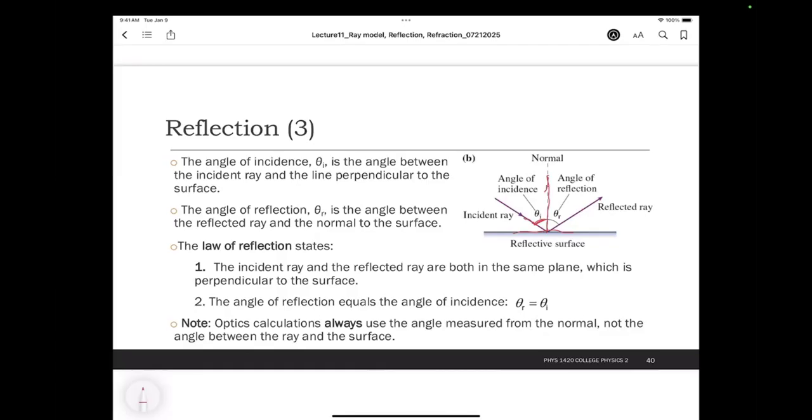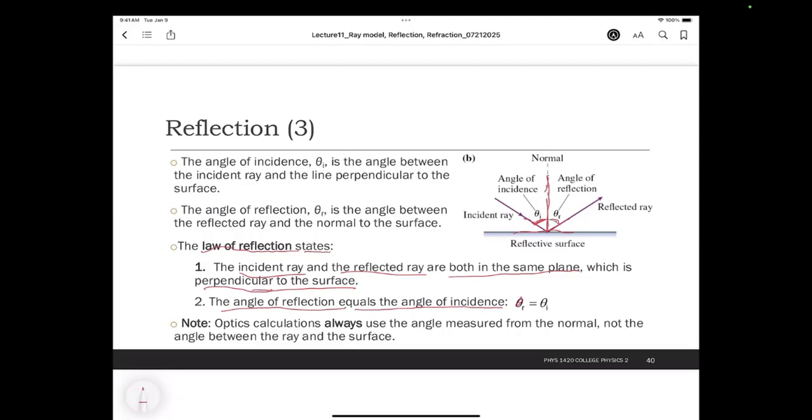The angle of reflection, theta r, is the angle between the reflected ray and the normal to the surface. The law of reflection states that the incident ray and the reflected ray are both in the same plane, which is perpendicular to the surface. The angle of reflection equals the angle of incidence, which means theta r equals theta i.